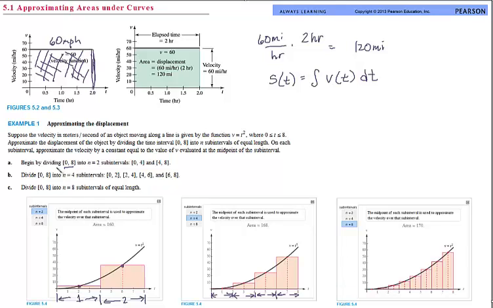So let's do this first one. Begin by subdividing it into 2 subintervals. If I'm using the midpoint, the middle in between 4 and 8 is this 6, so I will need to plug the 6 into my function. Here's my function, y equals t squared. 6 squared, this would be 36 high. And the midpoint on this first rectangle is a 2, 2 squared is a 4. So my subinterval is a 4 by 4, so this one is 16.